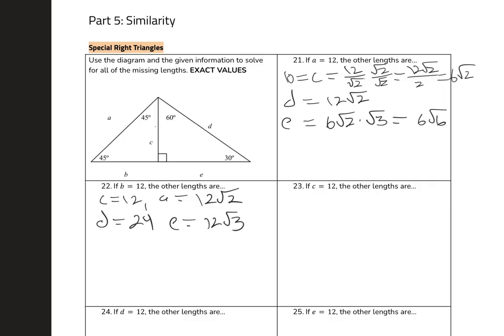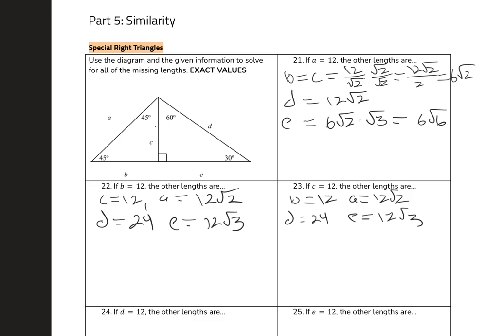If C is 12, then we get the same answers as we got in the previous case because B and C have to have the same measure. And so this would give us that B is equal to 12, A is equal to 12 root 2, D is equal to 24, and E is equal to 12 root 3.